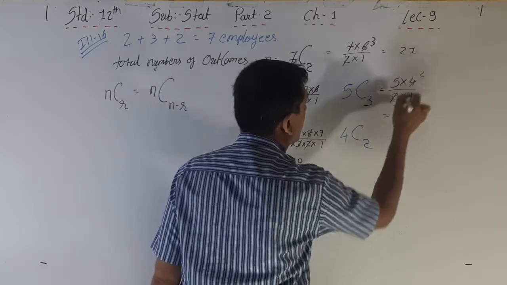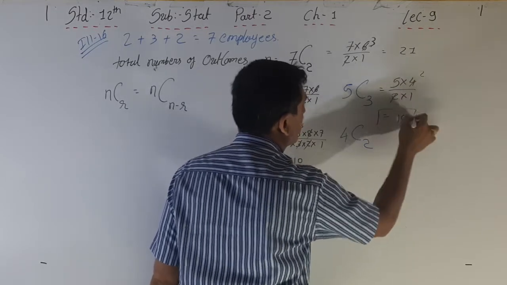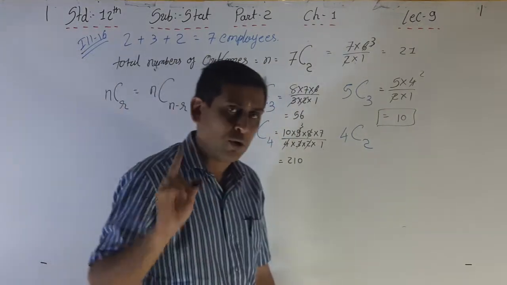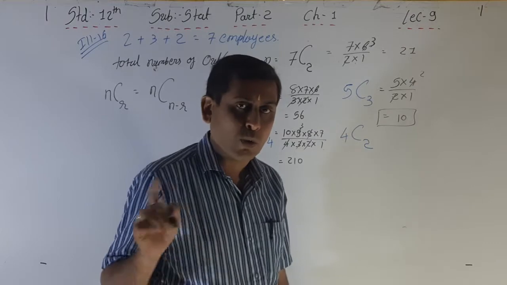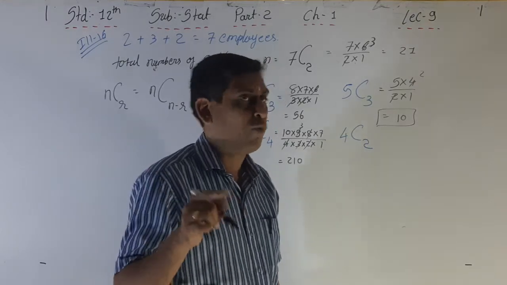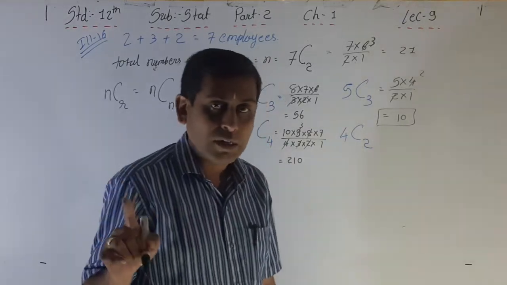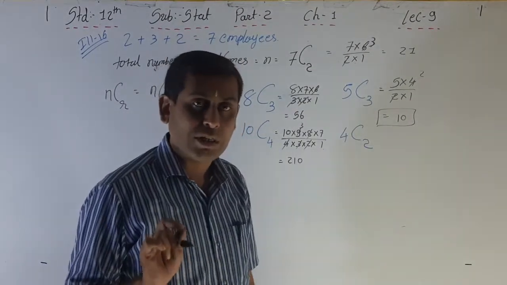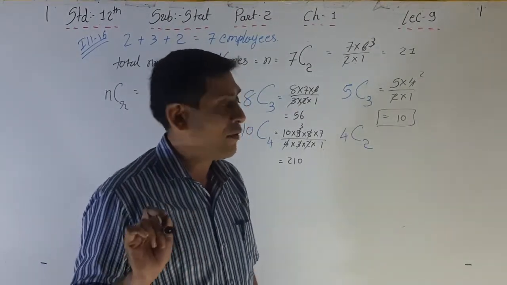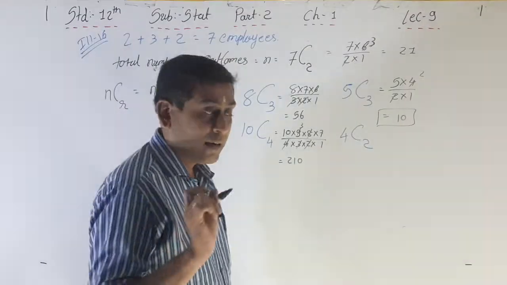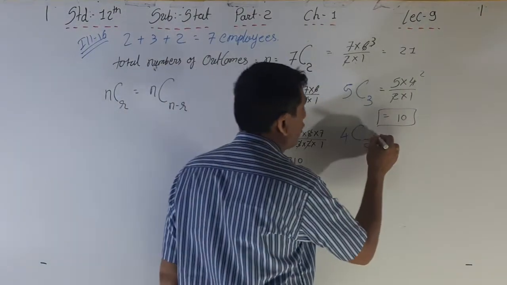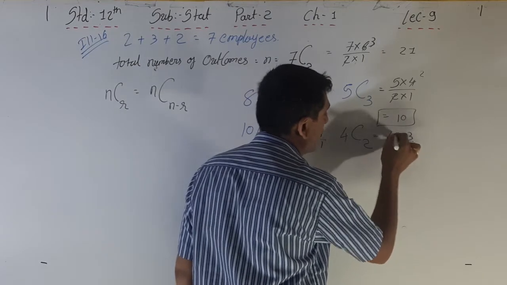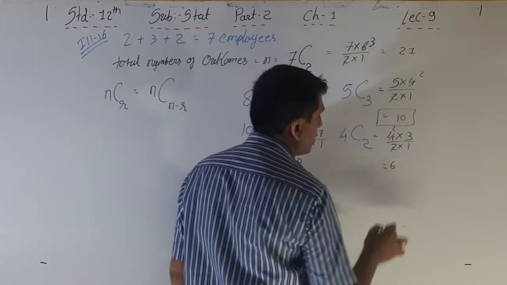That's why 10 is your answer. 5C3 is equal to 5 into 4 into 3 divided by 3 into 2 into 1. 3 cancels, 2 twos are 4 cancelled. Now 5 twos are 10, the answer. And what is 4C2? 4 into 3 divided by 2 into 1 again. So here 6 is the answer.